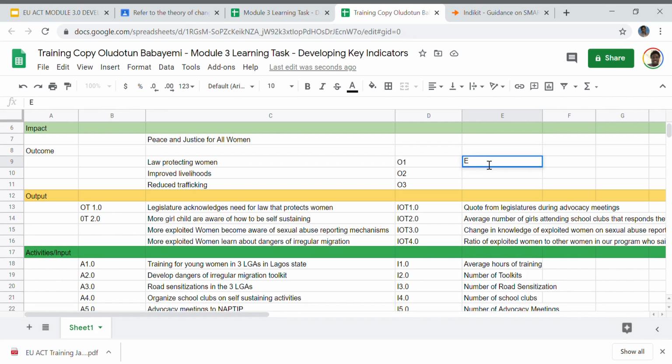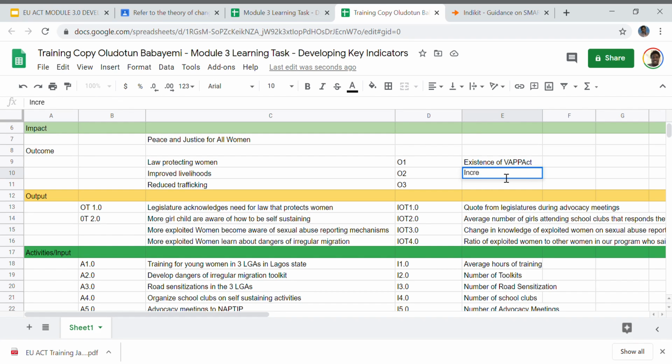So existence of XYZ law. You can think about the VAP Act, right? Something like, you can just say any act. Improved livelihoods. If you term it as increased businesses.